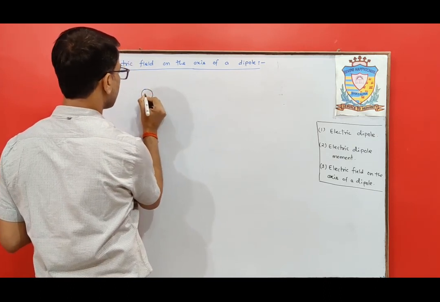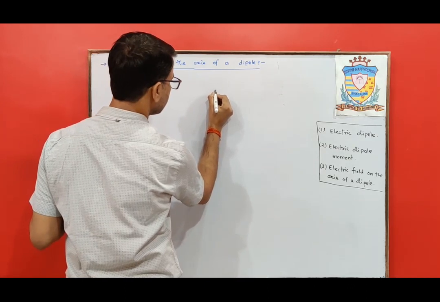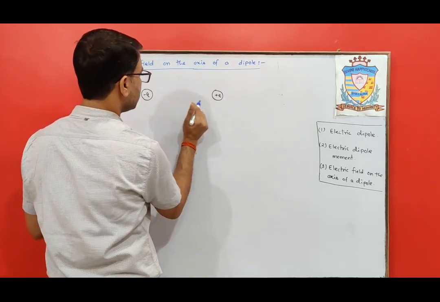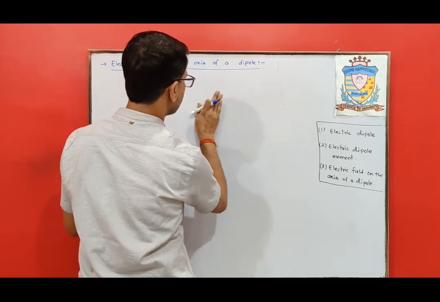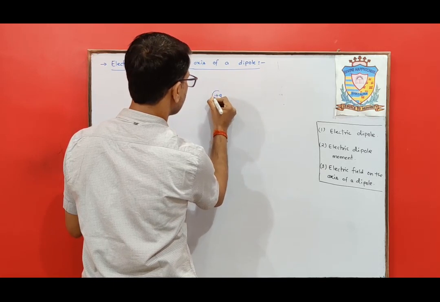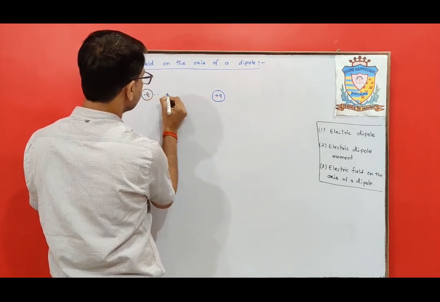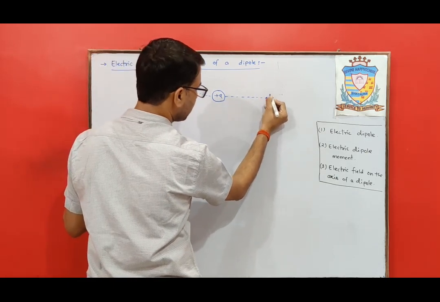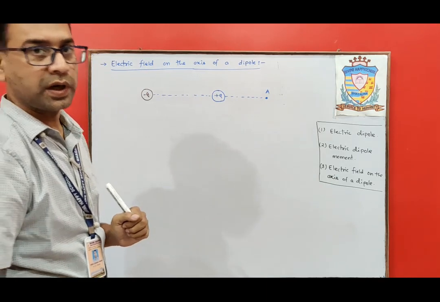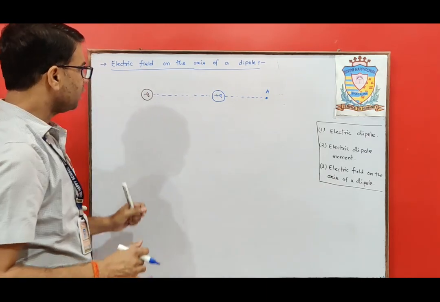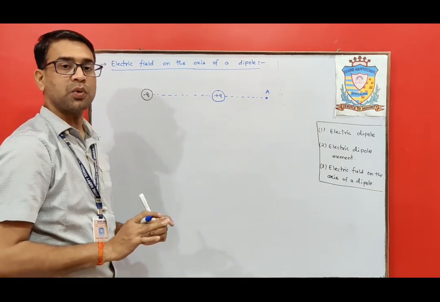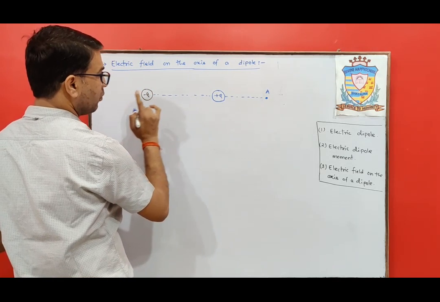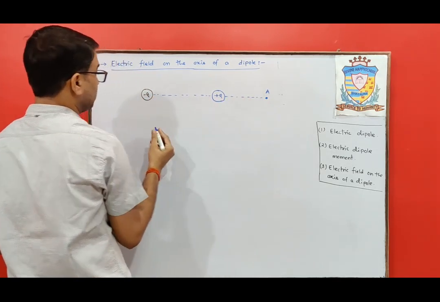Let this be the negative charge and here we have the positive charge, plus q, and they are separated by a distance of 2a. Here we have to calculate the electric field due to this dipole at point A. First, the net charge of any dipole is equal to 0 because one is a negative charge and the other is a positive charge.